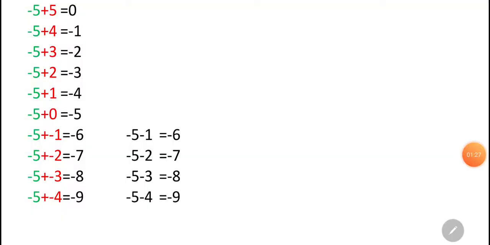Using this idea, negative 5 add negative 1, the answer is negative 6. Some people like to think of it as the plus and the minus just becoming a minus. So it's negative 5 take away 1, and the answer is negative 6.